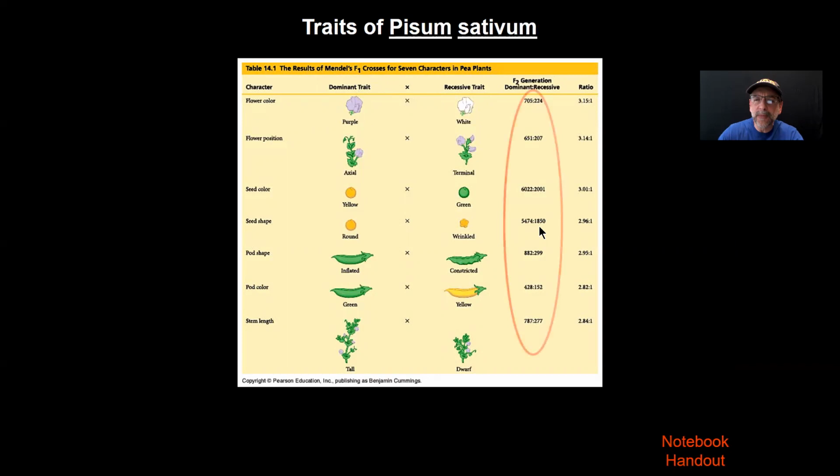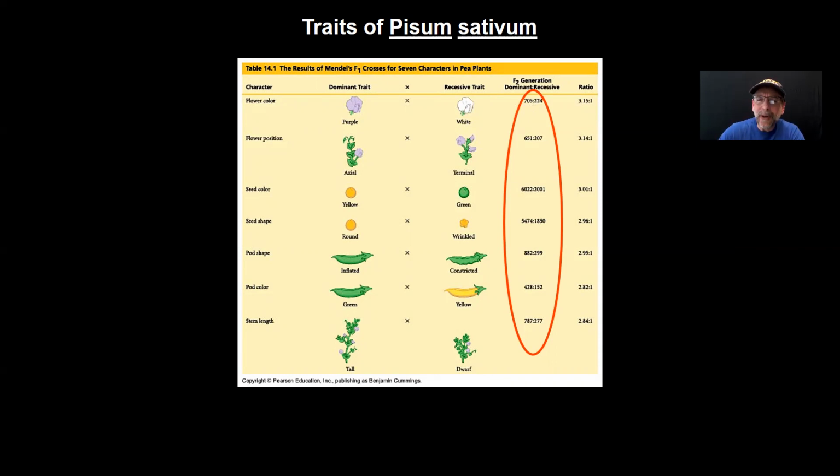Now the fourth column is really impressive. The fourth column is Mendel's data set. And so he crossed purple and white flowers almost 1,000 times. He spent 20 years studying this organism. This wasn't some weekend experiment. He spent 20 years doing it. Huge data set.